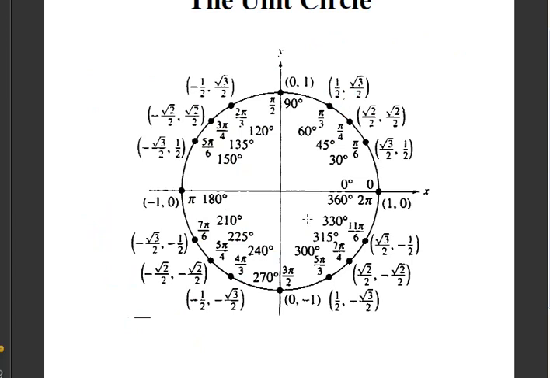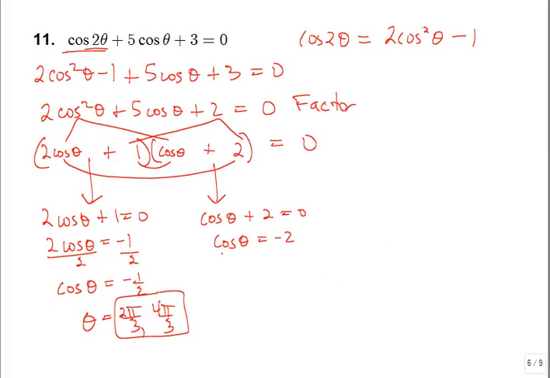Well, since it's a unit circle with a radius of 1, the biggest that cosine can get is positive 1, and the smallest that cosine can get is negative 1. You can also think about that using the graph of cosine. It never goes beyond negative 1 or 1. So where does cosine hit negative 2? That's impossible. That's just too small. So the only solutions here would be 2 pi over 3 and 4 pi over 3.